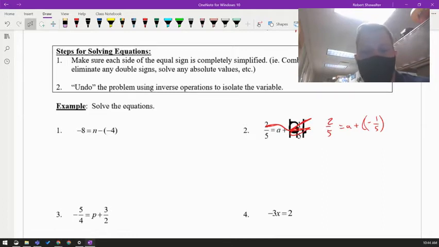If you remember, the order of operations goes: you do parentheses, exponents, so grouping symbols, then multiplication or division, whichever one comes first, left to right, and then adding and subtracting, whichever comes first, left to right. But we're going to reverse those because we're trying to dig out the value of this variable.